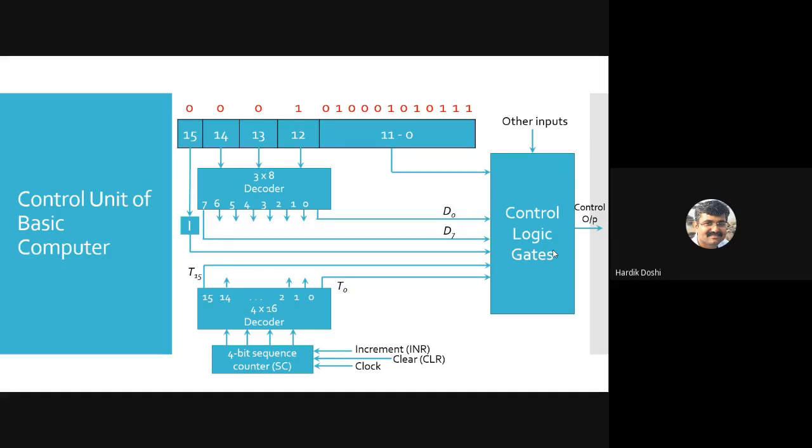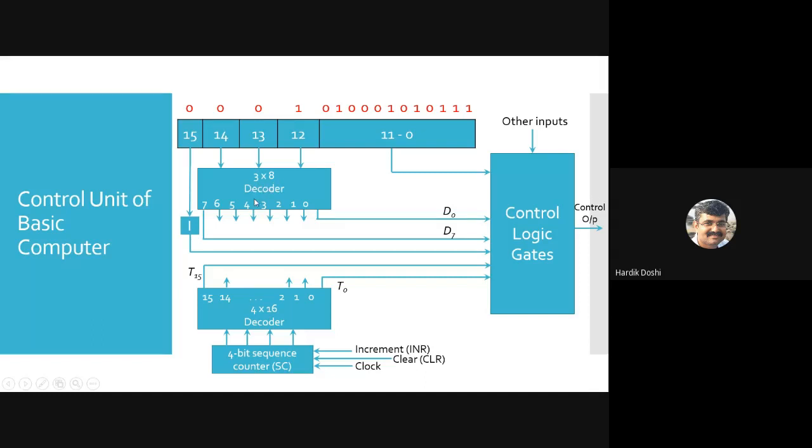Can anybody say? What is the working of this decoder? Given the instruction register contains 001, what will be the output of this decoder?